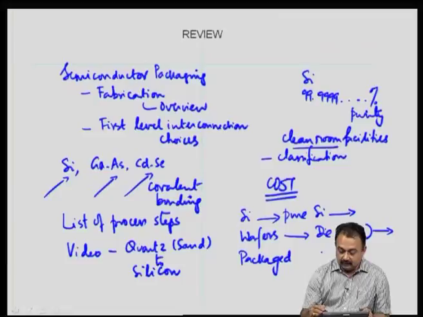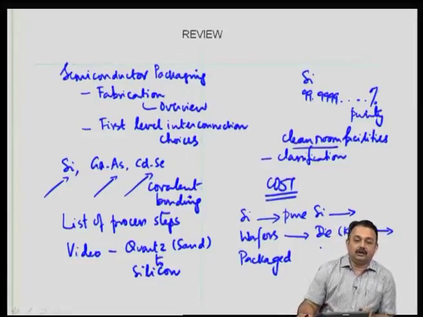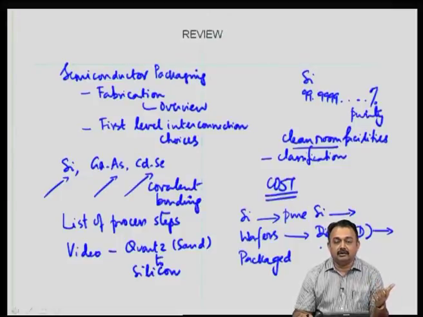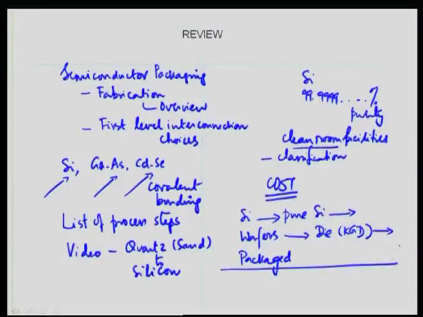So, it can be a package containing an IC which is a microprocessor, a microcontroller, a power device and so on. So, this is the path flow for the semiconductor manufacturing including packaging.